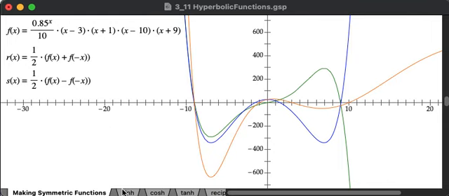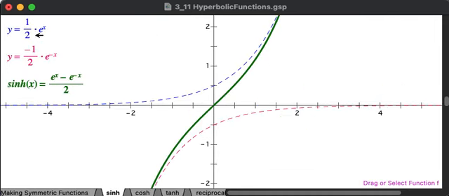Okay, so this section 3.11 actually deals with doing this with the exponential function base e. So this is my odd adaptation of the exponential function: 1/2 of e to the x minus e to the minus x.